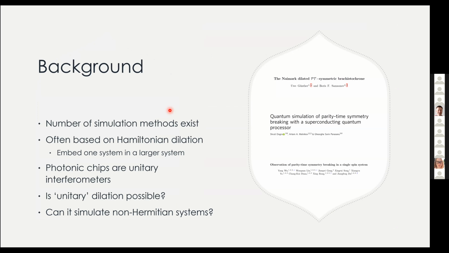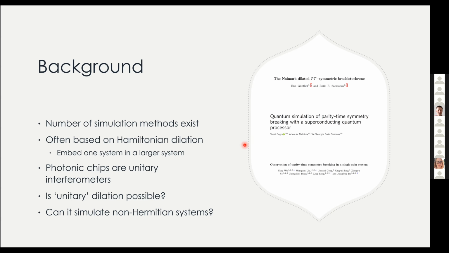So as I said, there are already methods for simulating PT-symmetric and other non-Hermitian Hamiltonians using dilation methods, where for some n-mode or n-qubit system, you embed this into a larger system, and this is generally called dilation. And most people in the past have used similar methods of dilation, but they're all Hamiltonian dilation.